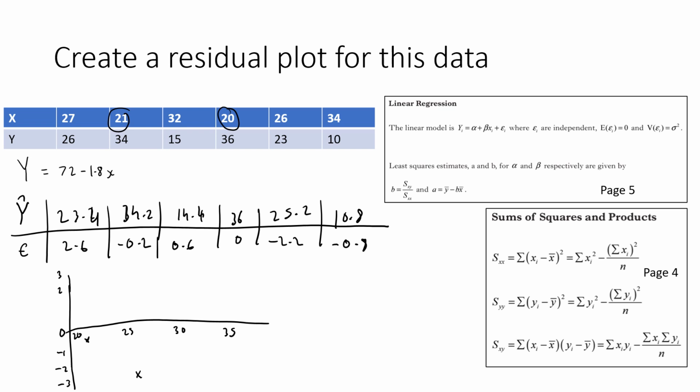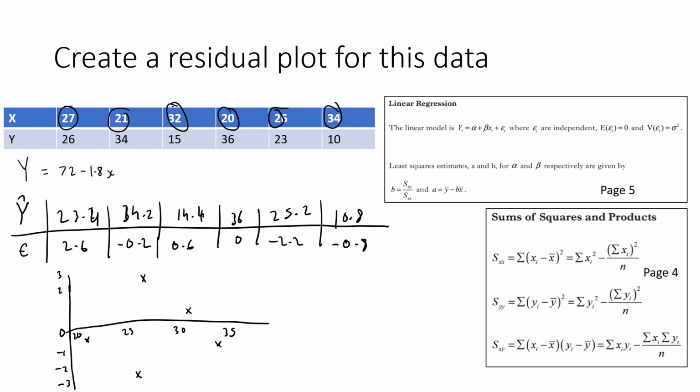Our x value of 27 has a residual of 2.6, which is up here. Our x value of 32 has a residual of 0.6, which is roughly here. I don't know why the 1 keeps on disappearing. And our x value of 34 has a residual of negative 0.8, which puts it here.